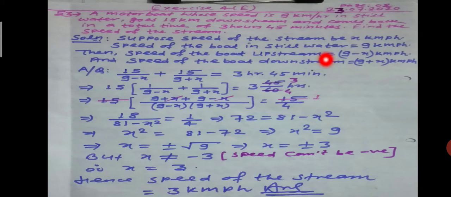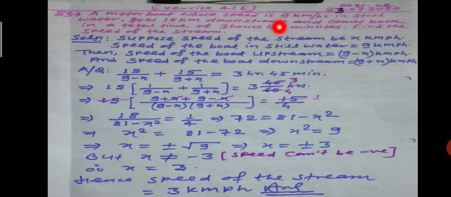Then upstream speed will be 9 minus x km per hour, and in downstream we have to add the speed of the stream to the speed of the boat in still water. Then the speed of the boat downstream will be 9 plus x km per hour.